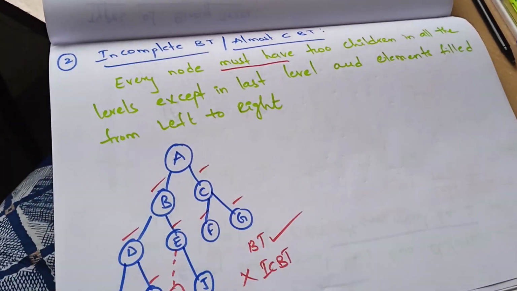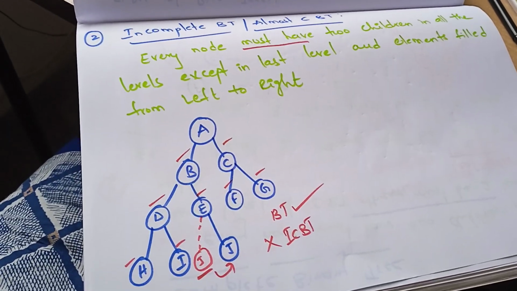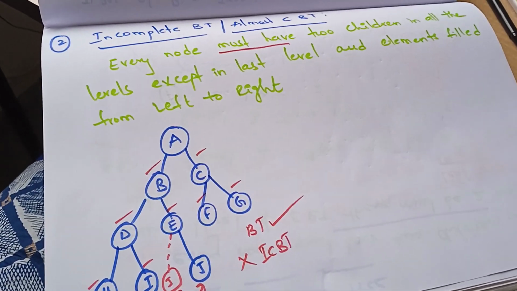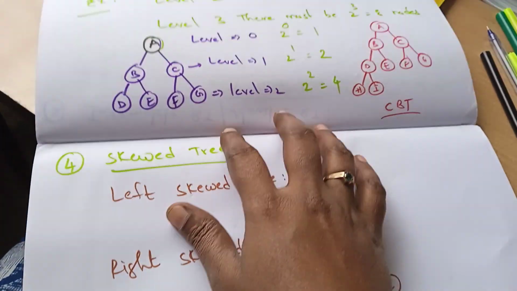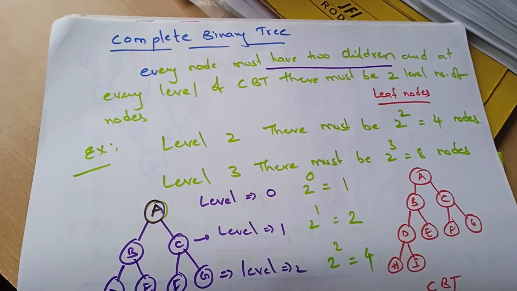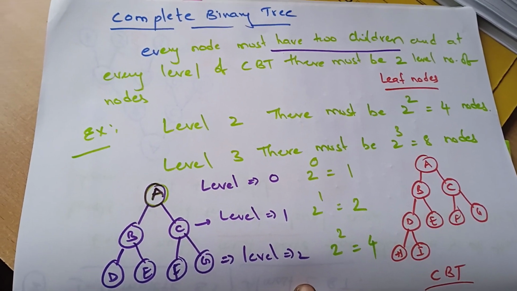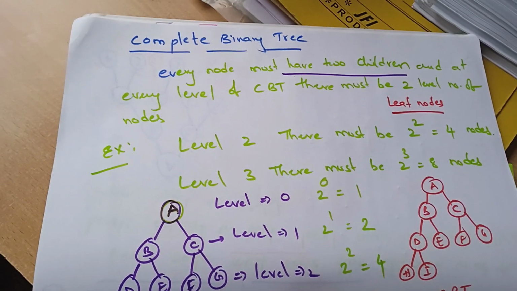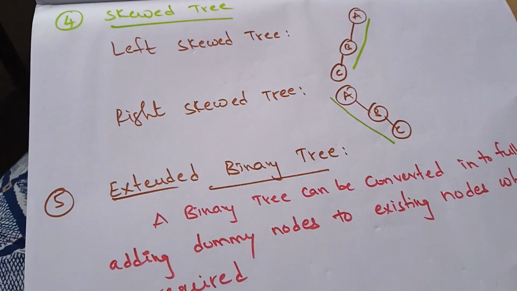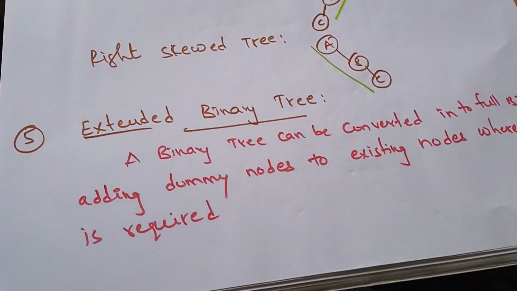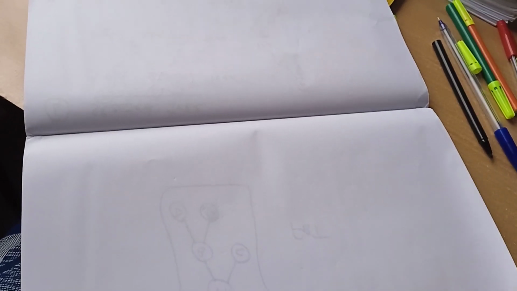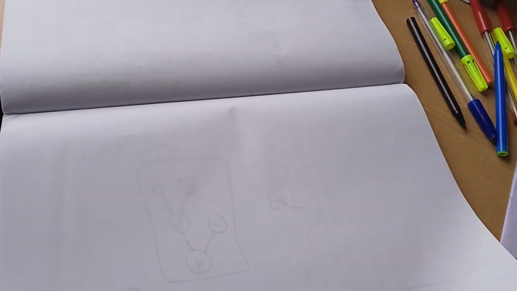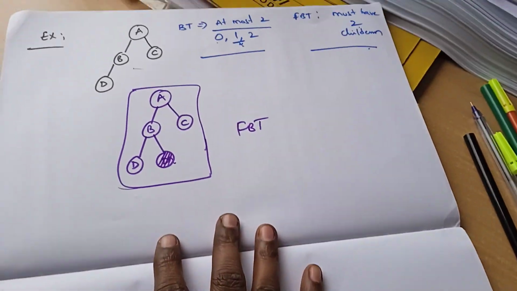And this is the explanation and the example for incomplete binary tree. And this is complete binary tree. And this is skewed tree and extended binary tree. So this is your example.